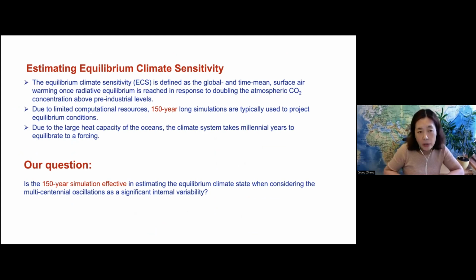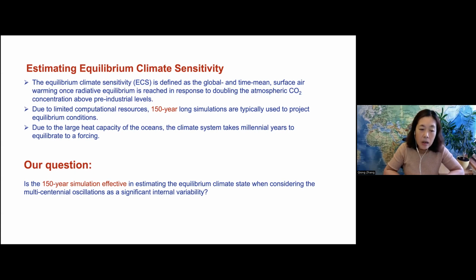So that also comes to another question, because usually when we do climate change or sensitivity experiments, we take maybe a 50-year average minus the PI control, or 100 years or 150 years. And this 150 years is usually used to estimate the climate sensitivity.